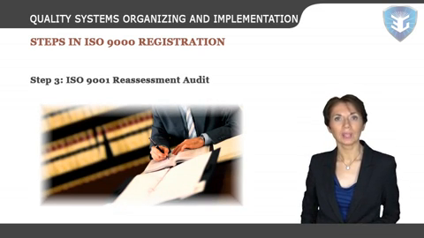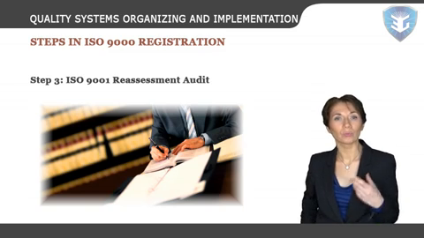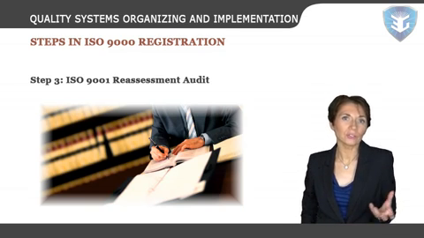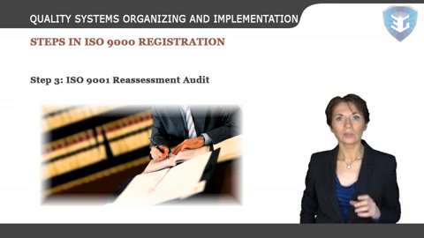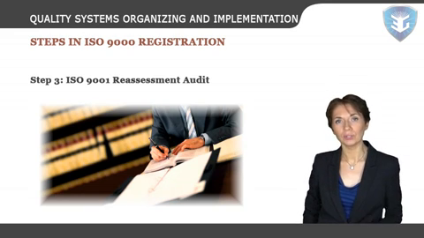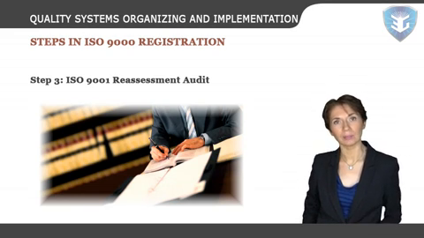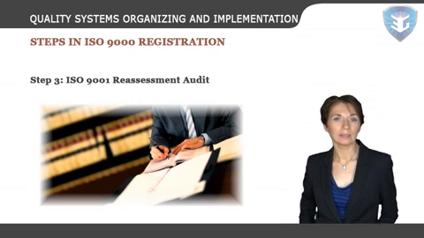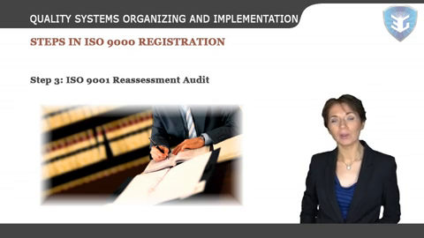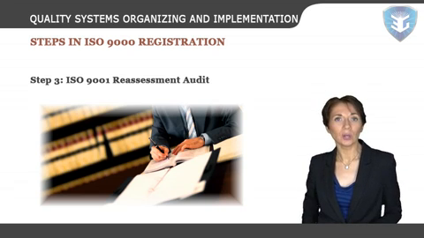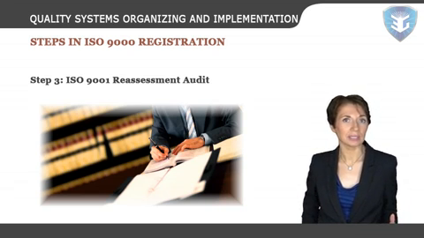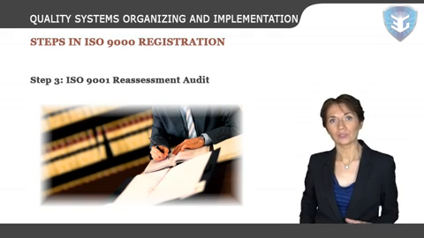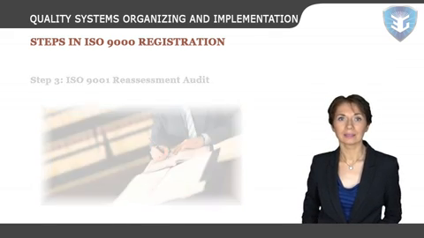Preassessment audit. Most registrars require a preassessment audit. Others offer it as an option. The preassessment is an initial review of one's quality management system to identify any significant omissions or weaknesses in the system, and provides one's organization the opportunity to correct any deficiencies before the regular registration assessment is conducted.